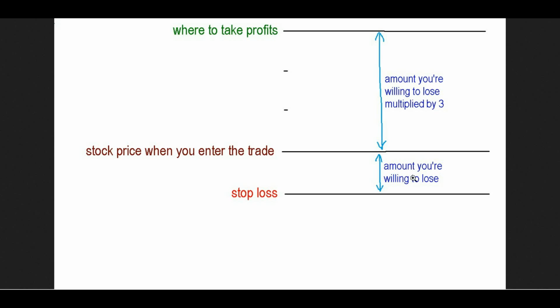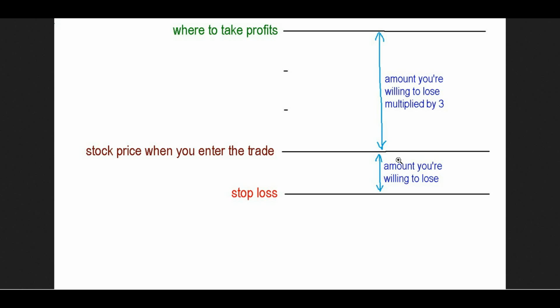But think about what's the most you're willing to lose on this trade without getting emotional about it, because you don't want emotions to enter into this. Decide beforehand, commit to yourself that I'm willing to lose this amount without feeling fear or greed or anything like that.